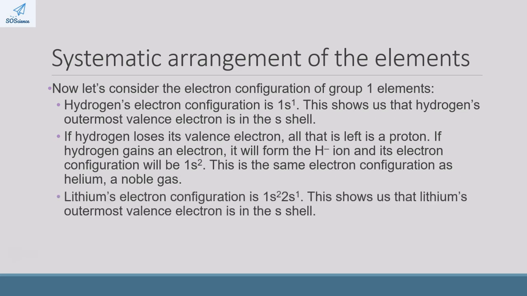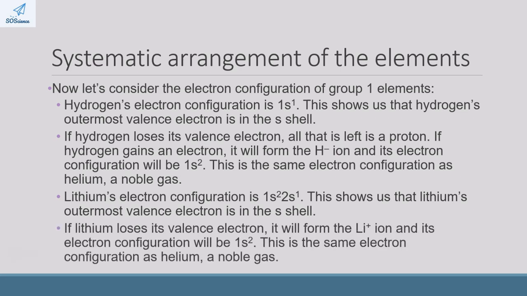Lithium's electron configuration is 1s2, meaning that the first energy level is full, and then 2s1. And again, that shows us that lithium's outermost valence electron lives in the s shell. Remember that all our group 1 elements are in the s block, and that's because their outermost valence electrons live in the s shell of their particular energy level.